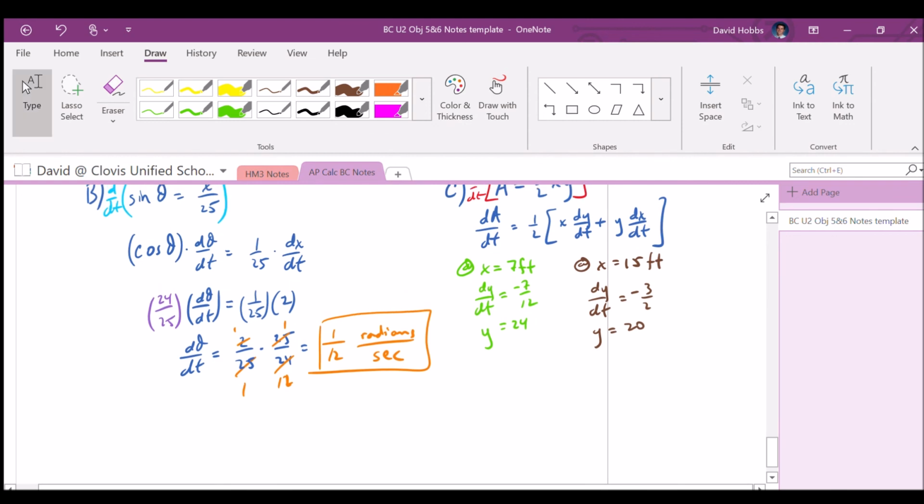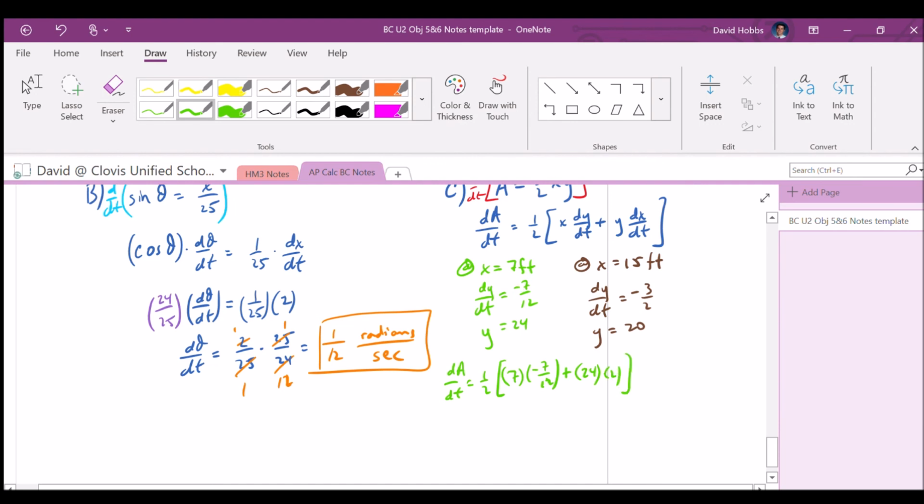So really we're just plugging all those values in right now. dA dt is 1/2 times x, which is 7, times dy dt, which is -7/12, plus the y, which was 24, times dx dt, which is 2.